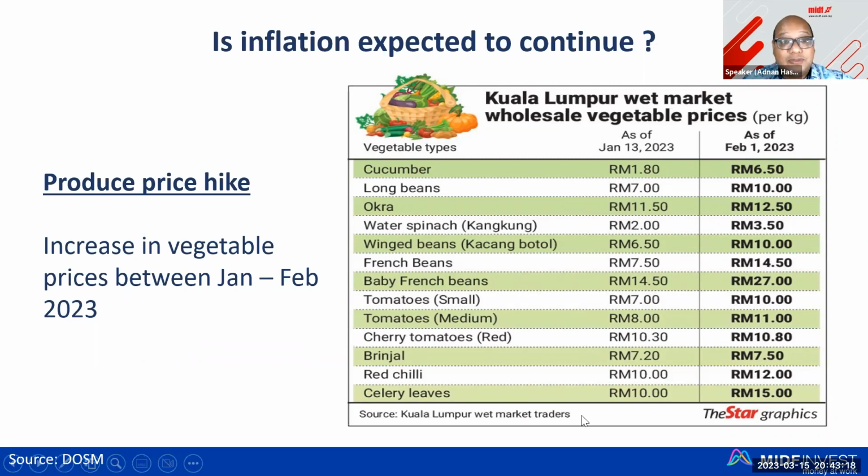If you look at the prices of timun or cucumber, it rose from 180 to 650, so it's a bit more than 200%. So right now we can see that with inflation, things are getting very, very expensive.